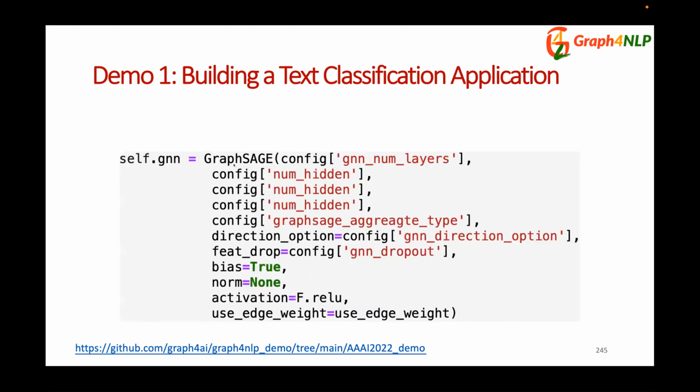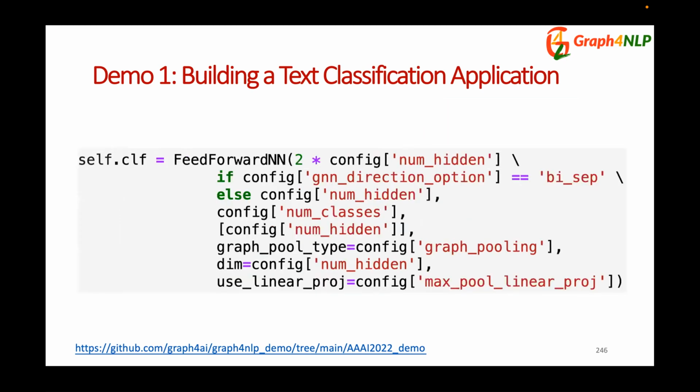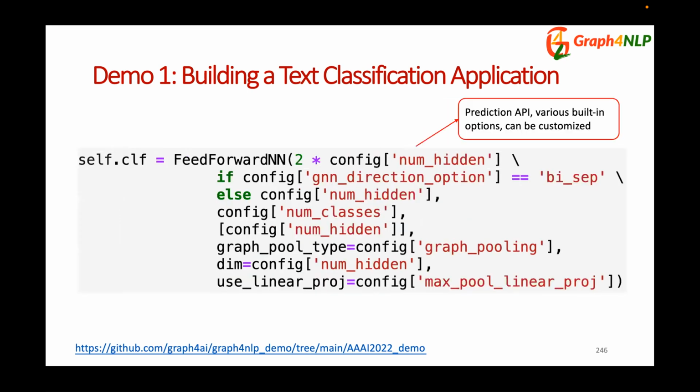This is how we can call a GraphSAGE API. There are some important parameters here. One is this direction option, so we can choose to use the bi-sep or bi-fuse versions of the GraphSAGE model. And this is the prediction module.